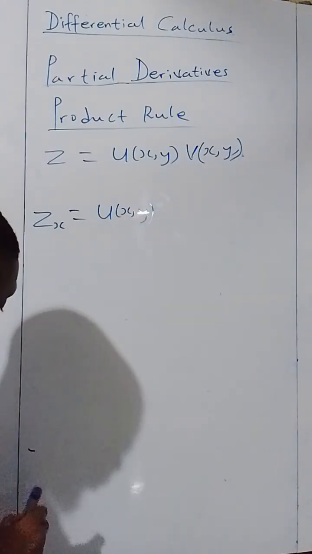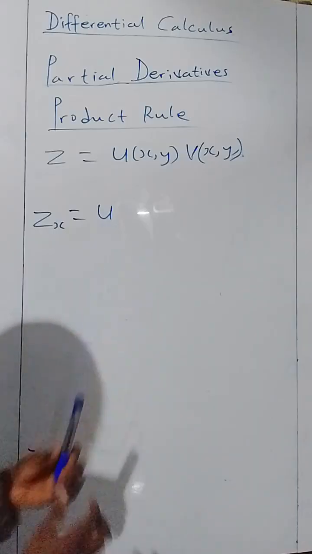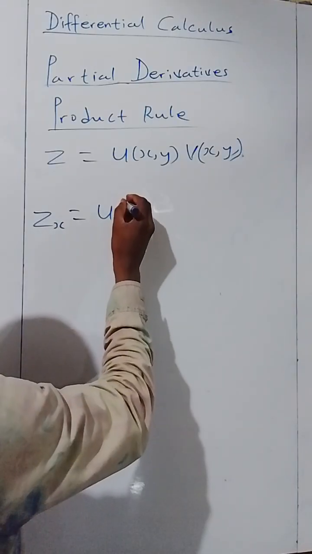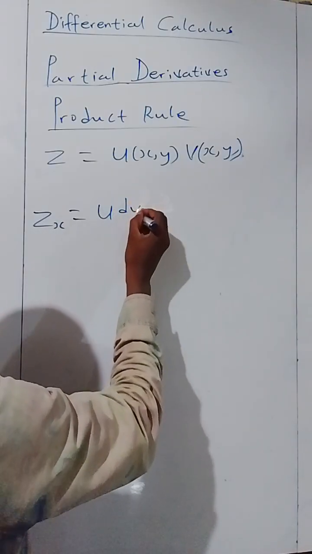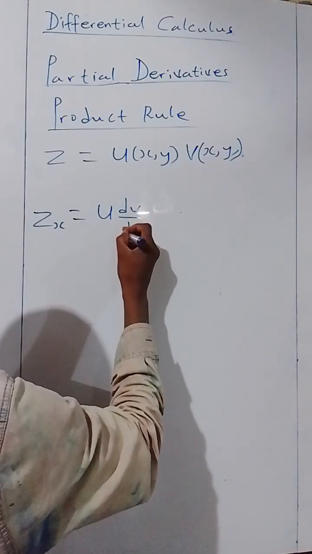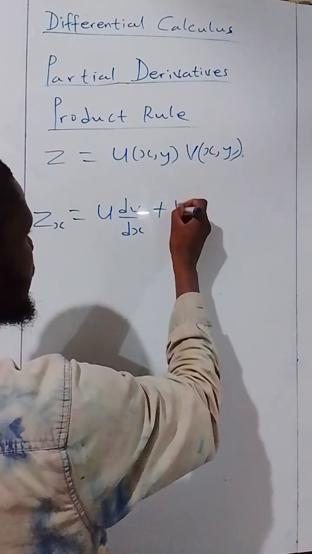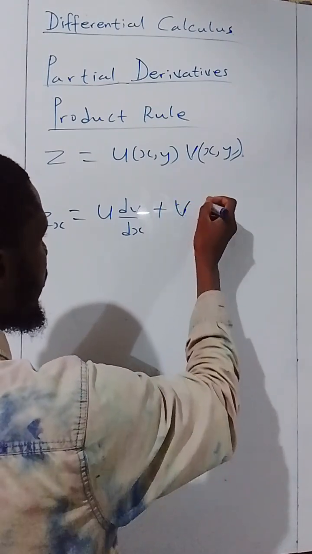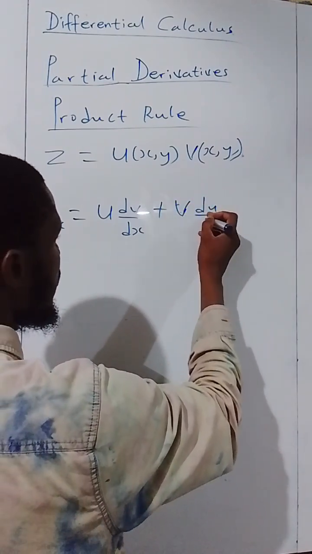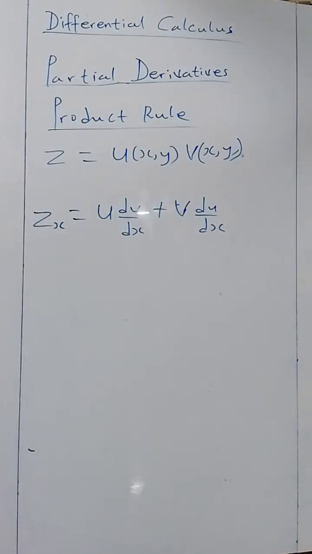That is the complex form, but I'm going to use just u. Then we have dv/dx, plus v du/dx. So this is what the rule says.